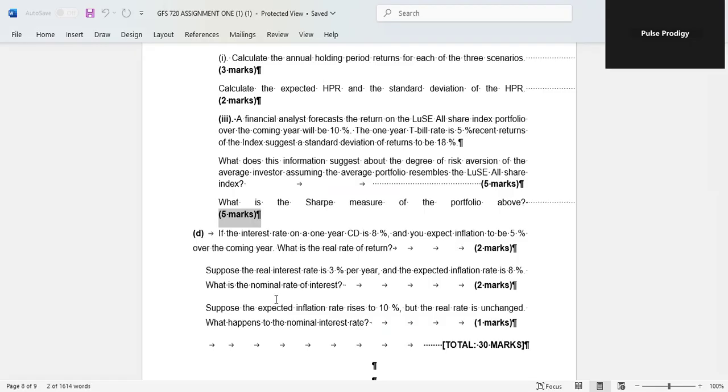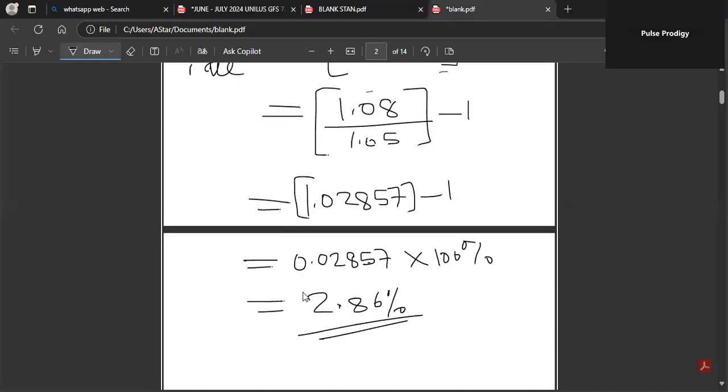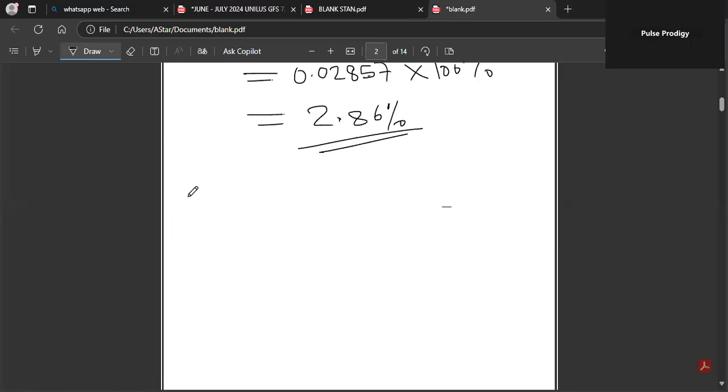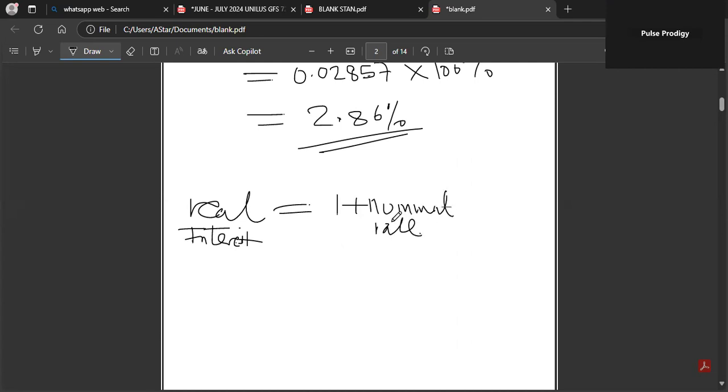Are we together? So we are going to use the same formula and say our real interest rate is equal to 1 plus nominal over 1 plus inflation.